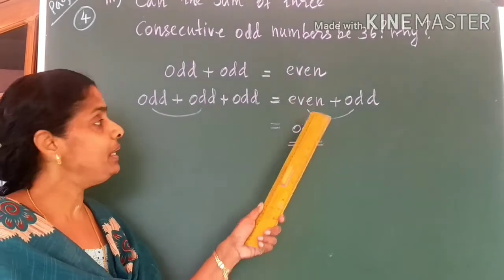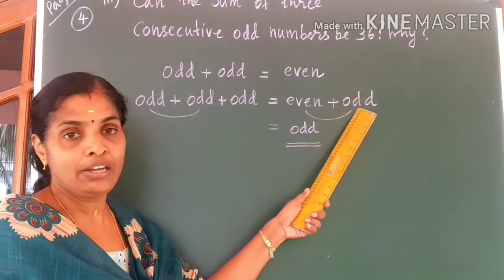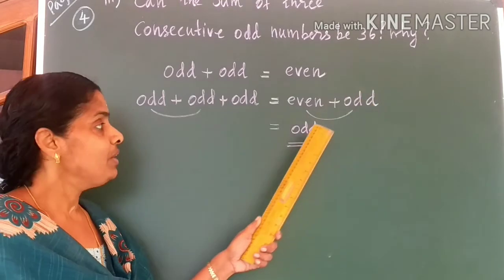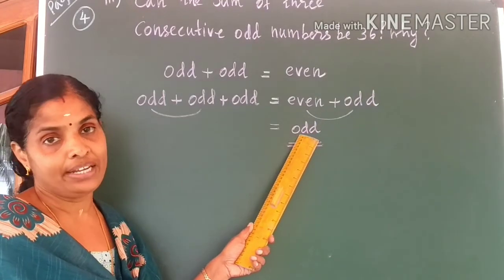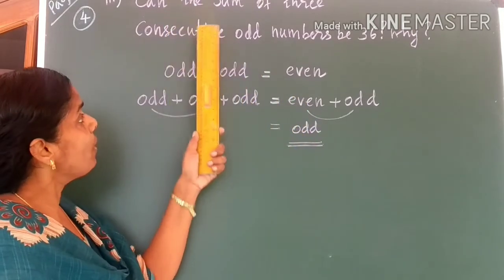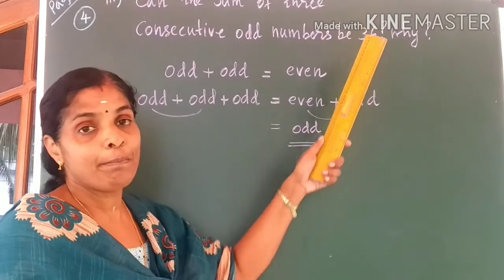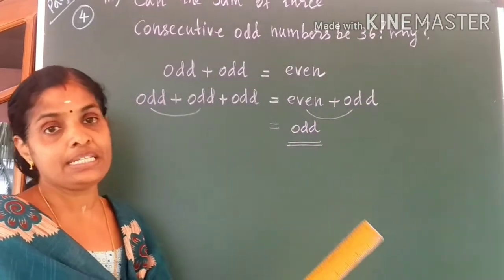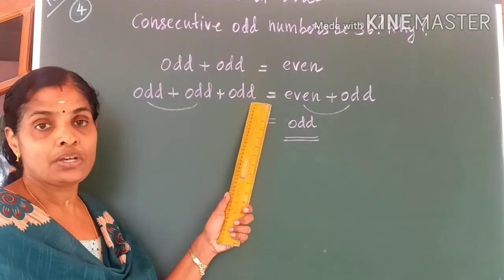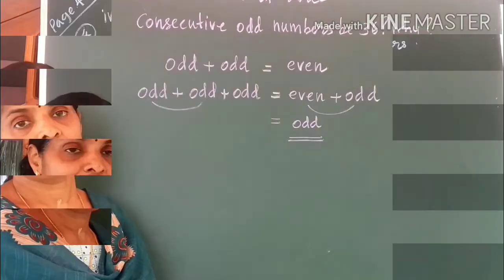Take for example, 2 is an even number, 3 is an odd number. 2 plus 3 gives you 5, which is always odd. Do you understand? So we can say the sum of 3 consecutive odd numbers cannot be 36 because by adding 3 odd numbers you will always get an odd number.